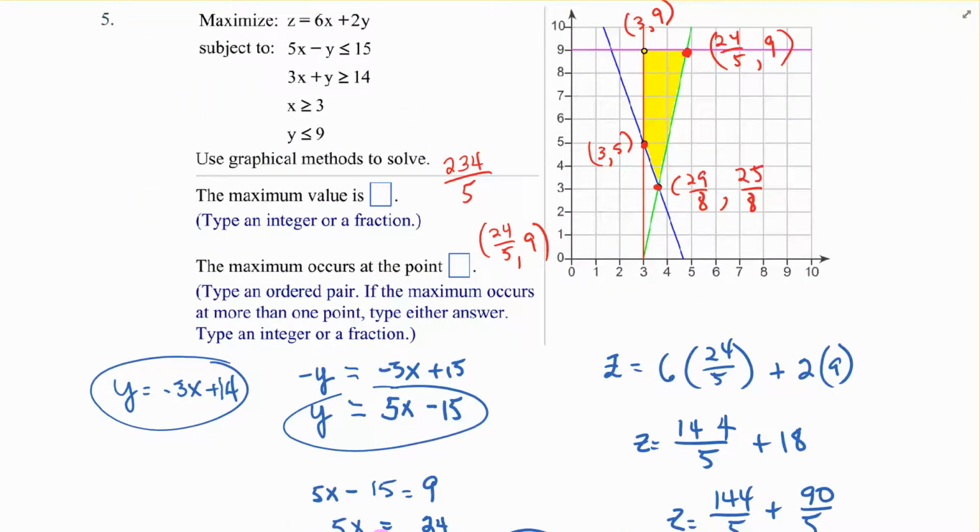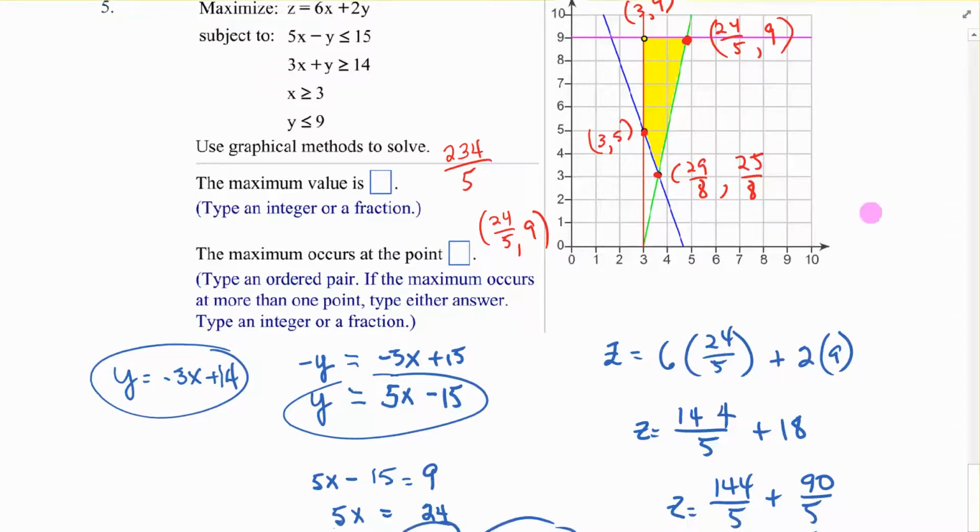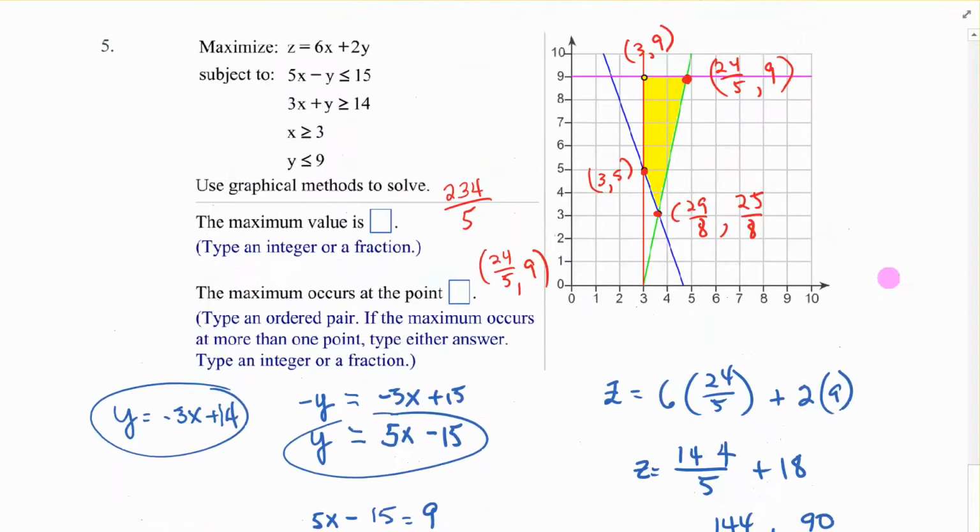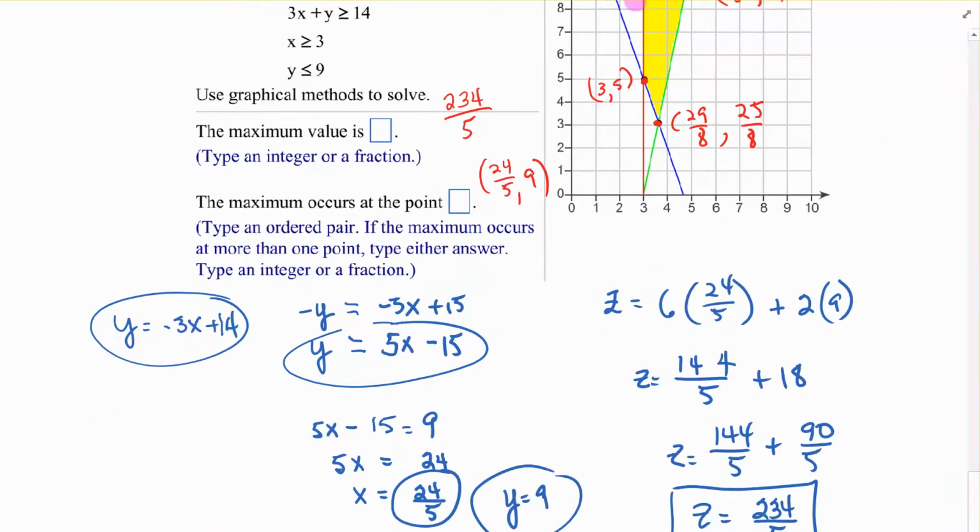So I think I've got all the points labeled up here. This one is at 3,5, this one is at 3,9. This one you find by intersecting 5x minus 15 equal to 9. You set the two y values equal, and you get 24/5 comma 9. This one is the intersection of the blue and the green line.